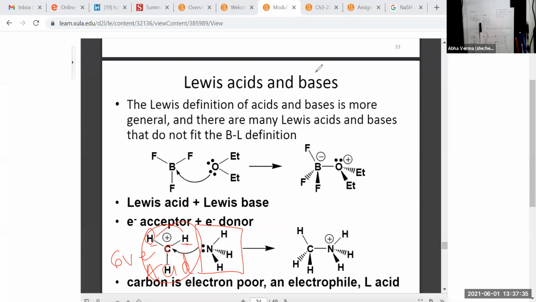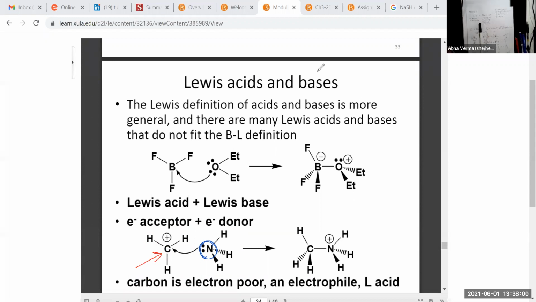So this is your basic atom, while this is your acidic atom. If you look at our reaction, the first step is the only step that you will see, attack of electrons to the electron poor area.